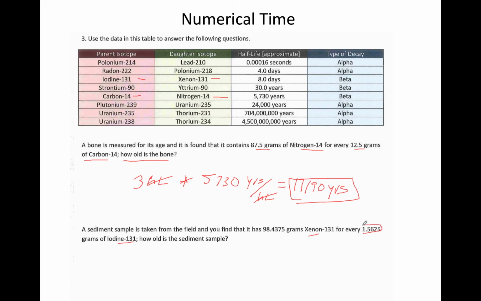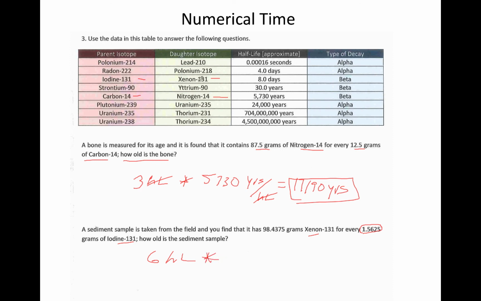I will tell you that 1.5 grams of parent and 98.4357 grams of daughter is going to give you 6 half-lives. I'm getting that from the table that I've completed. So let's say we have 6 HL times what?